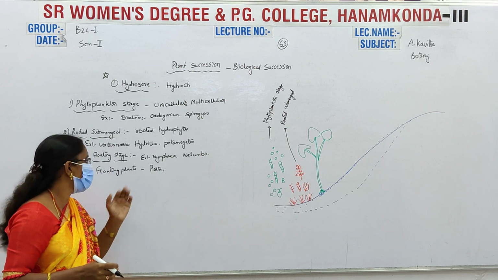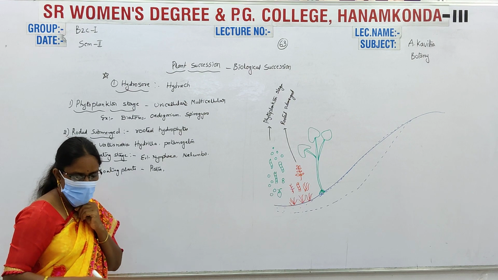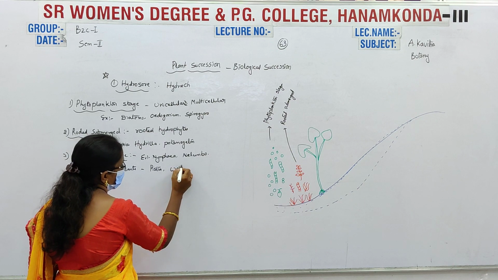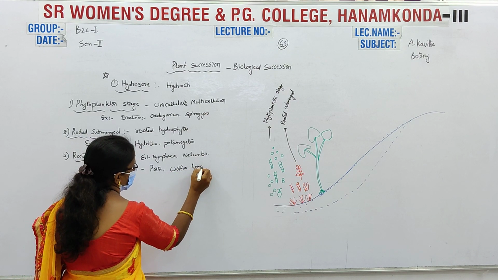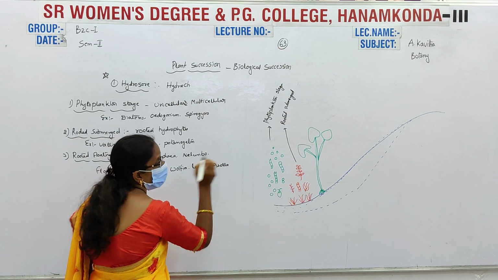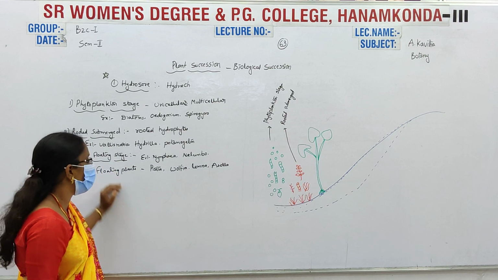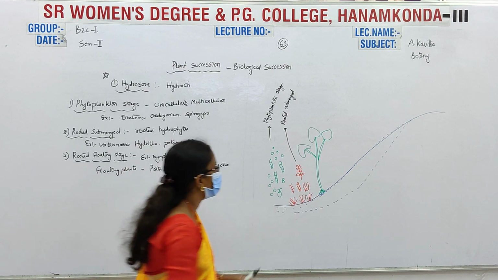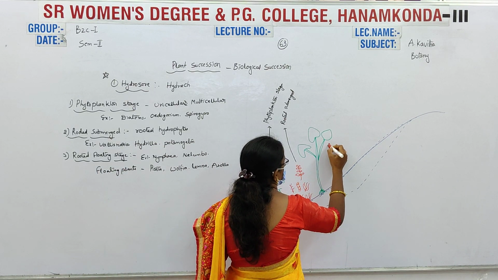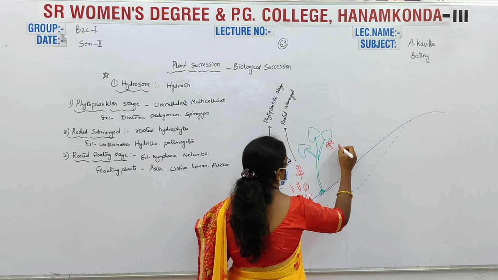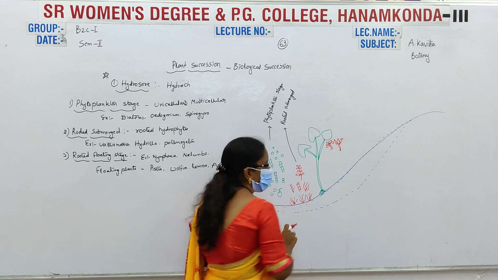These are the examples of floating plants, completely floating on water.